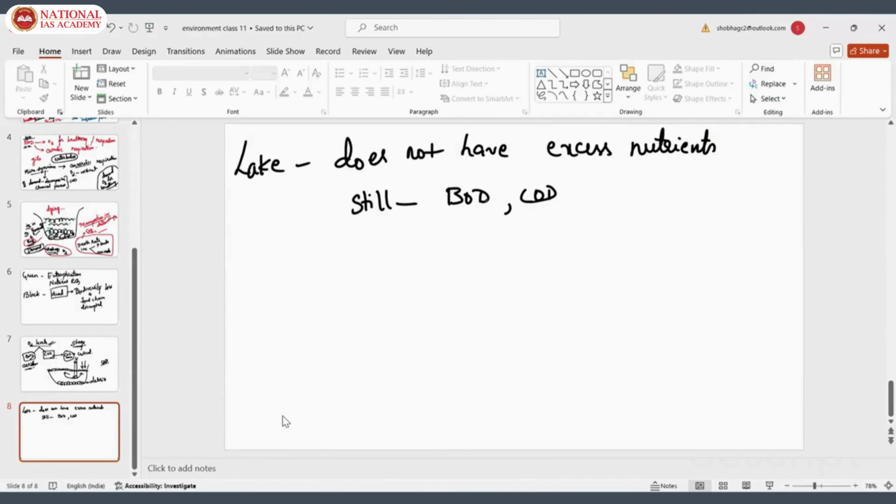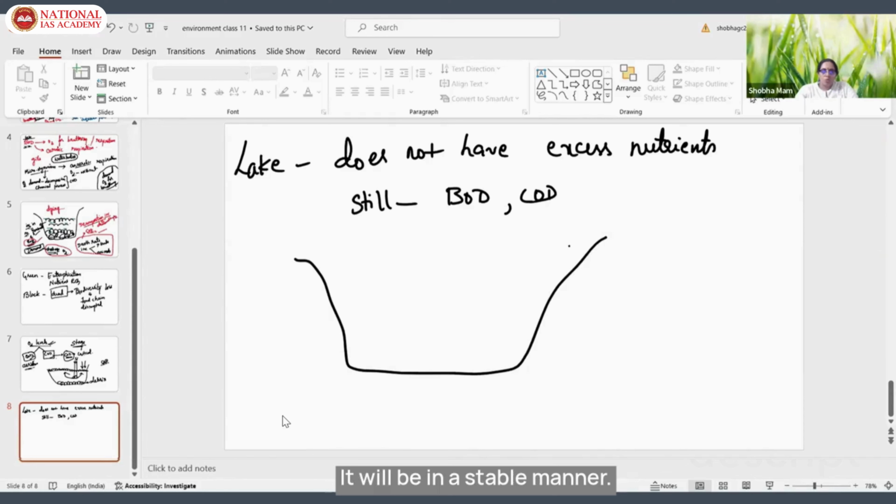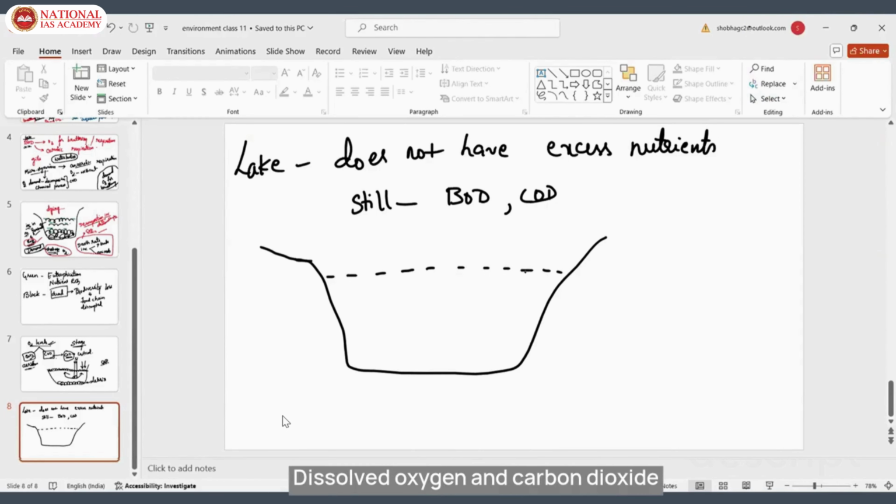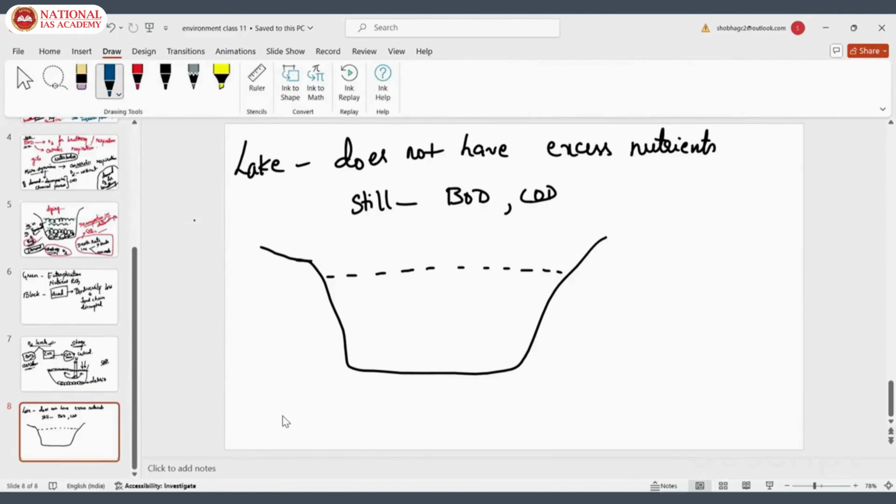Yes, ma'am. How? It will be in a stable, sustainable manner. Dissolved oxygen and carbon dioxide will be present inside the lake, ma'am.